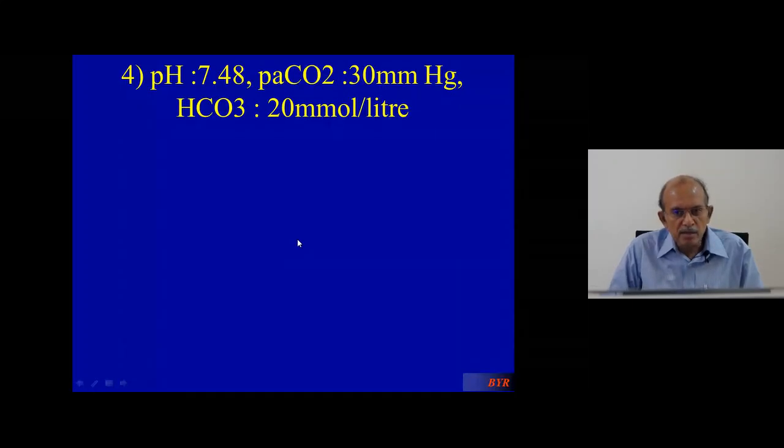Why do you say it is compensation? It is an alkalosis. What is the bicarbonate doing here? Bicarbonate is reduced. That means it is okay. Respiratory alkalosis, metabolic compensation. Yes, you are right.